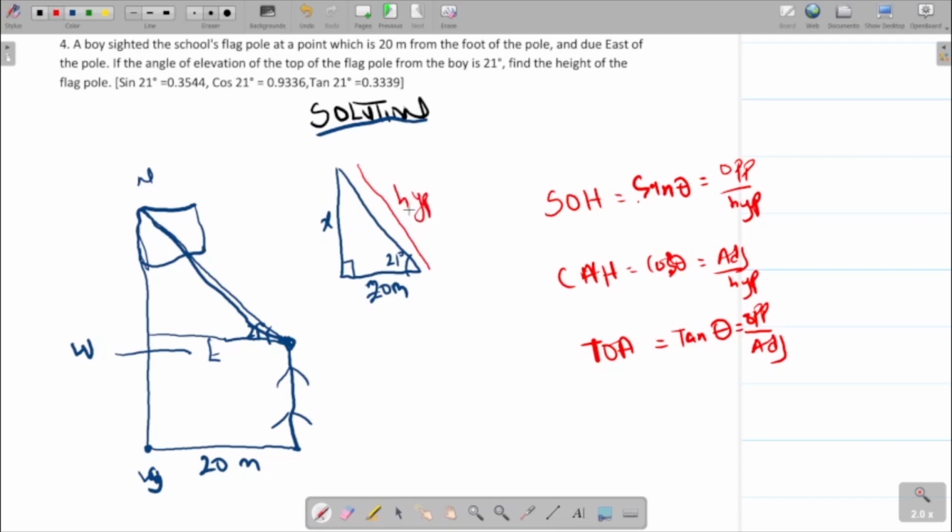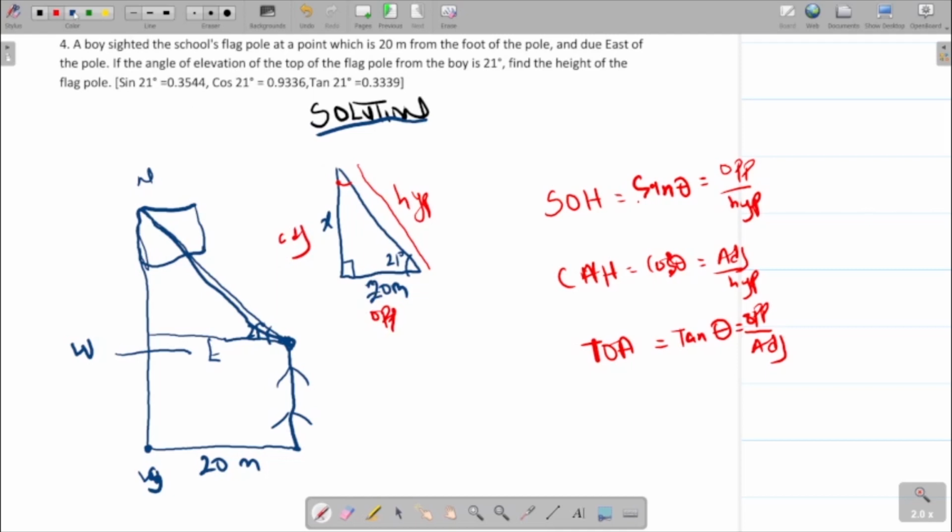The opposite and the adjacent are relative. Depending on the side you are looking for, that will determine how you get your opposite and adjacent. For example, if you are considering this side, this will be your opposite, and this will be your adjacent.